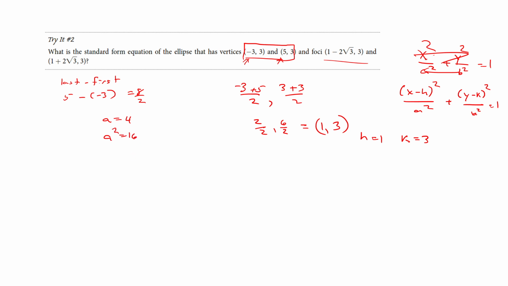All right, we've got everything we need to create the formula except b squared, but we can find that because we know c. So if this is centered at 1, do you see what's happening? We have 1 minus 2 square root of 3 and 1 plus 2 square root of 3. Hold on, let me do it like I did before in case you're confused.